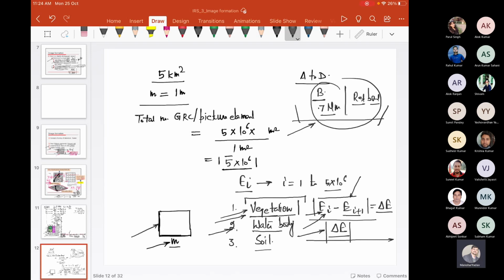But let's say if you do the comparison among the ground resolution cells which are from the water body, obviously with a slight difference in water quality or water characteristic, the energy components may change. Okay, so you can notice the energy differences between the ground resolution cells from the water body, but the difference is very less. They are different with very slight variation. So again, we can assign them the same number.